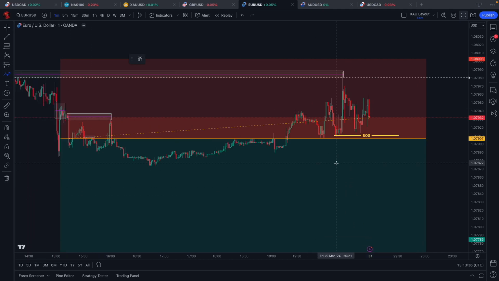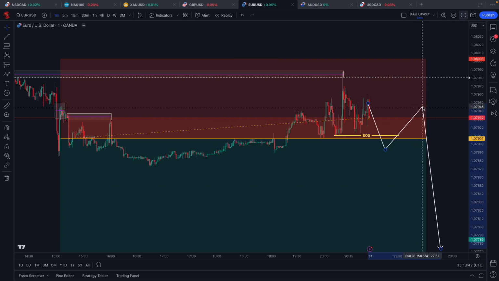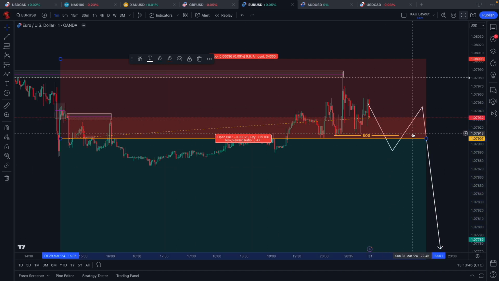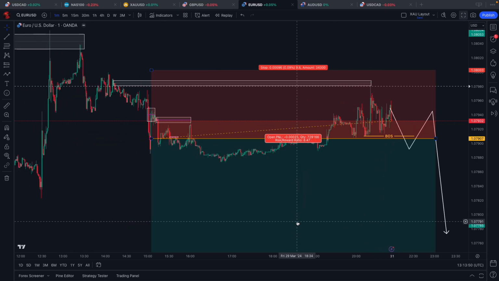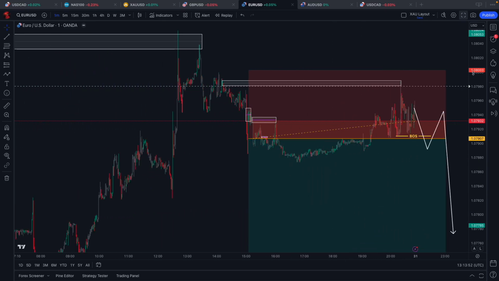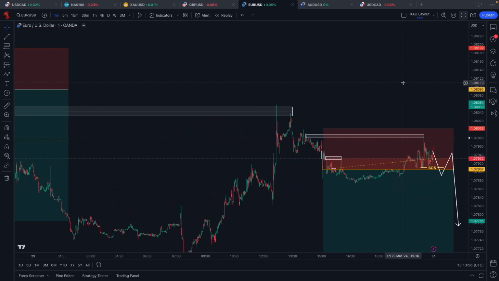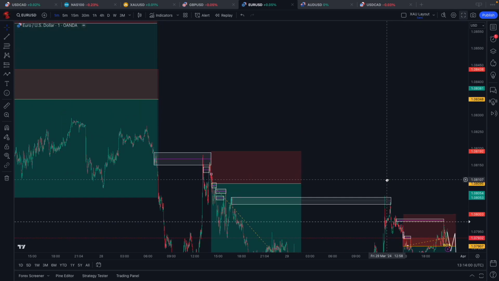So we essentially want to see price trade beneath this point, trade back up to trade into a fair value gap or an order block, and that's where we can look to take part in this market. So once we're delivered with those pieces of confirmation, I will be looking to take this market short. Now, if price continues to trade us in a bullish way, this is just to pick up more supply in the markets before trading price lower.